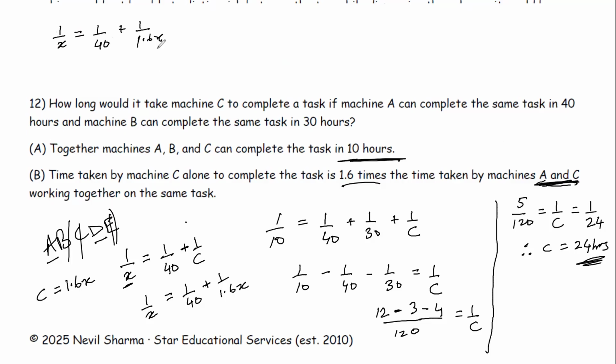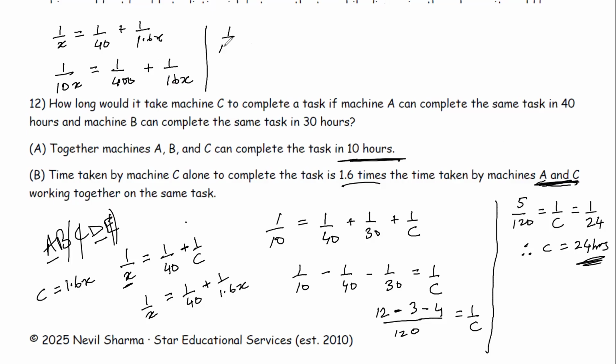What I'm going to do is multiply by 10 in the denominator on both sides. So what I get is 1 by 10x, 1 by 400, and 1 by 16x. Now I'm going to take 1 by 10x minus 1 by 16x is equal to 1 by 400.